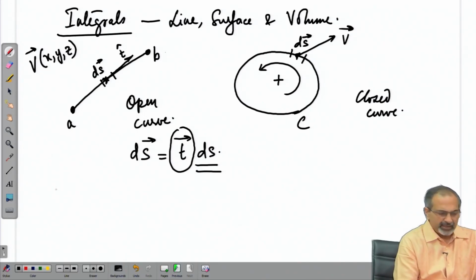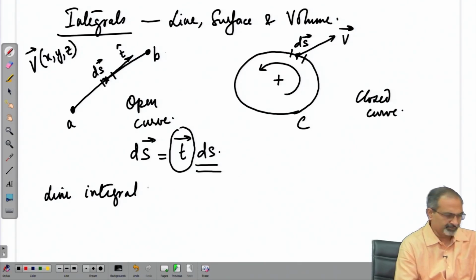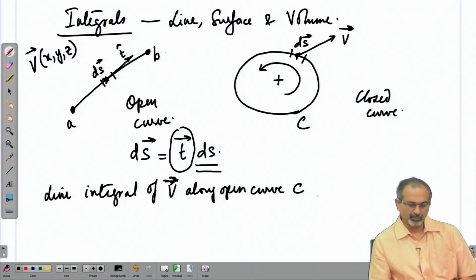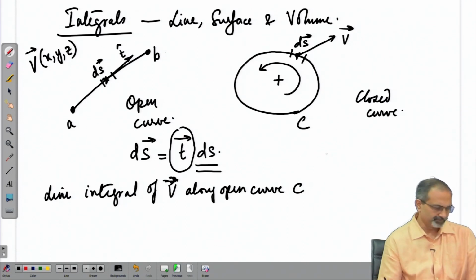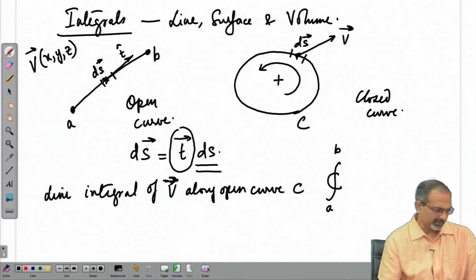So, if you take a line integral of the vector v along open curve C from point A to B, you will indicate it like this.